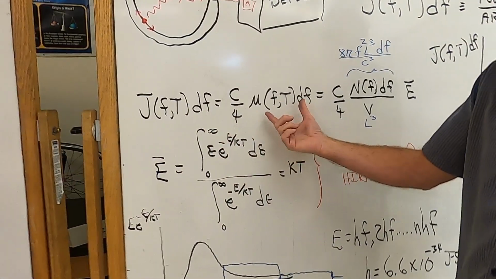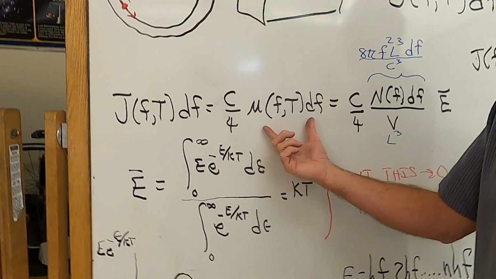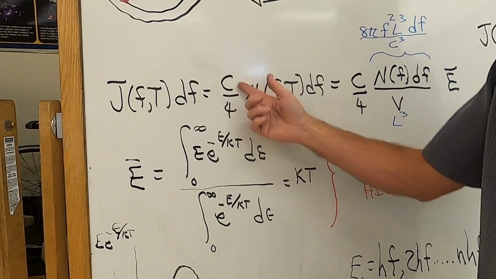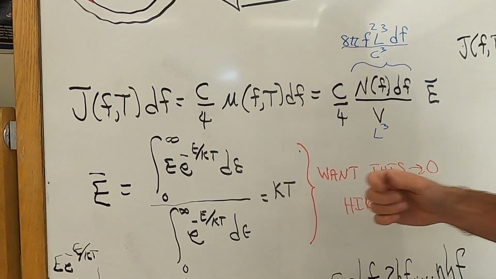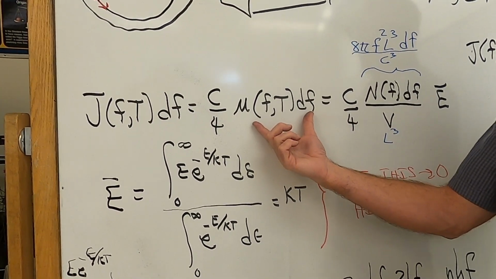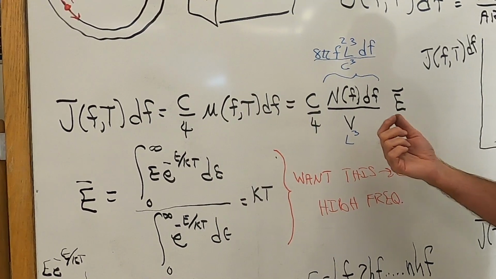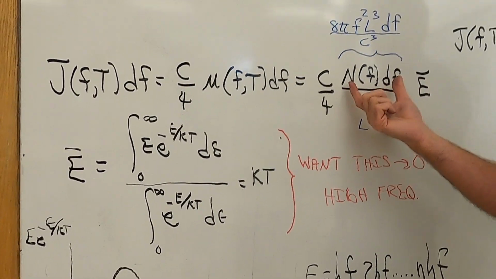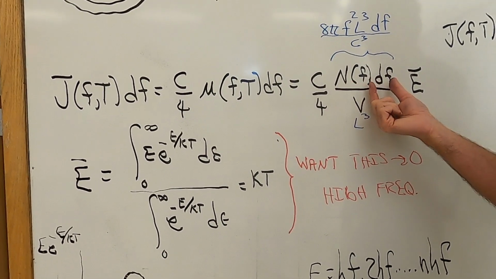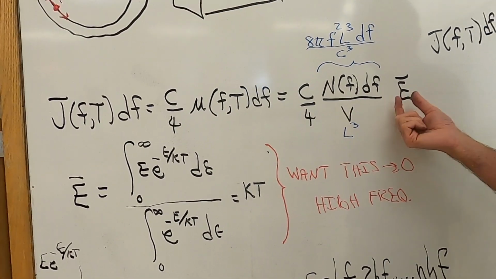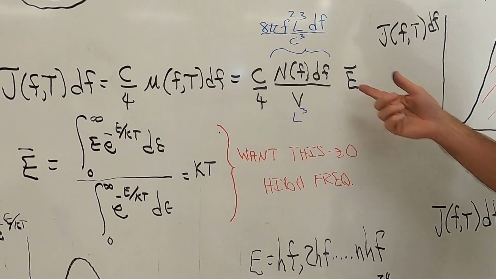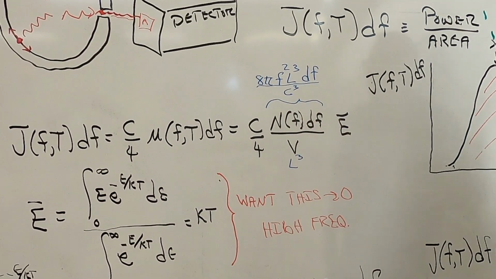So what Rayleigh and Jeans tried to do was derive that. They turned it into a power per unit volume, and we noticed that it took a factor of c over 4 in there. Then they took this power per unit volume in a little frequency range and turned it into the number of oscillators per volume times the average energy. Now we're back to an energy per volume.